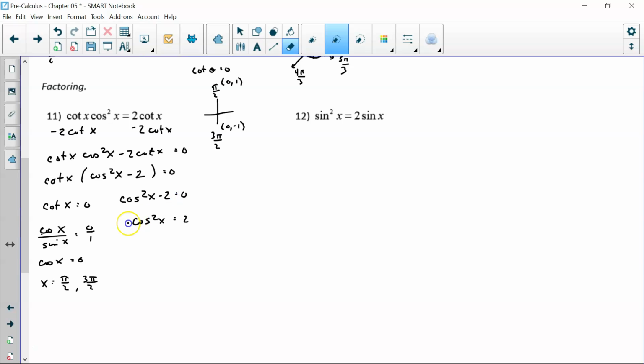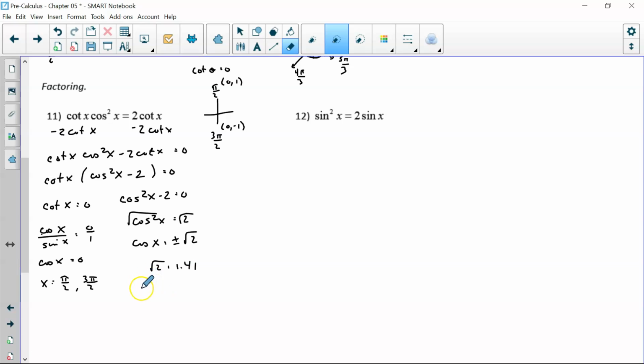Take the square root of both sides. Cosine of x equals plus or minus the square root of 2. Now, the square root of 2 is about 1.41. But for cosine, we can only take the sine and cosine of a number between -1 and +1.